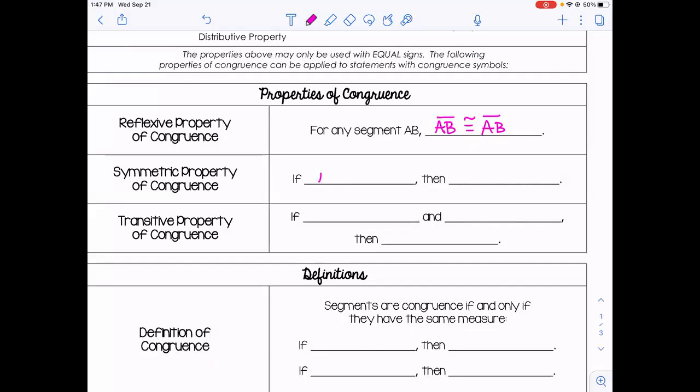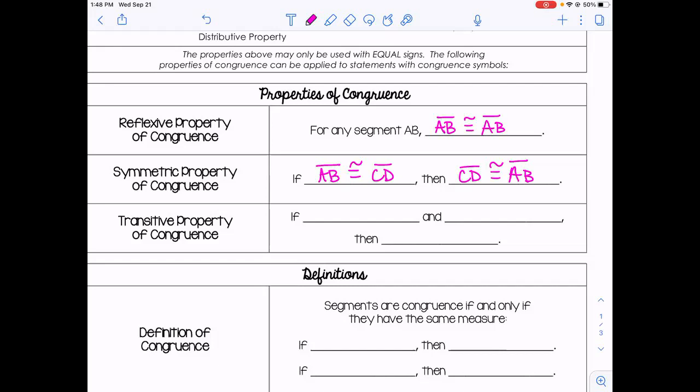All right, symmetric. If AB is congruent to CD, then we know CD is congruent to AB. Am I blowing your mind, or is this pretty like, oh yeah, okay. It's the same thing, except we change the order.